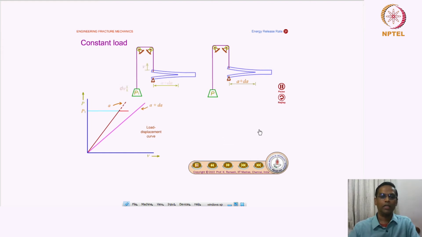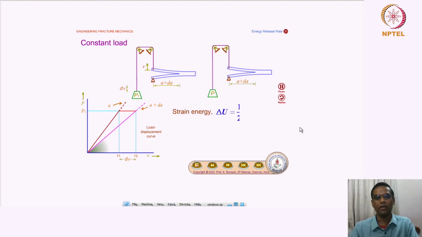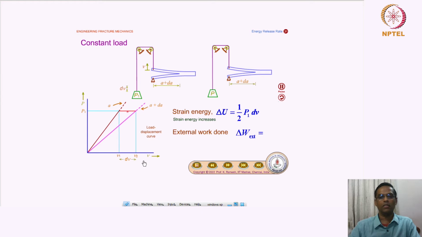So this is just for recollecting the conceptual idea about how we got this expression. You can look at it again. So you get the strain energy delta U is equal to half P1 dV, and the external work done is again P1 dV, right?